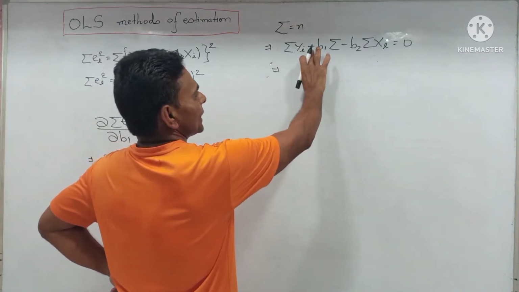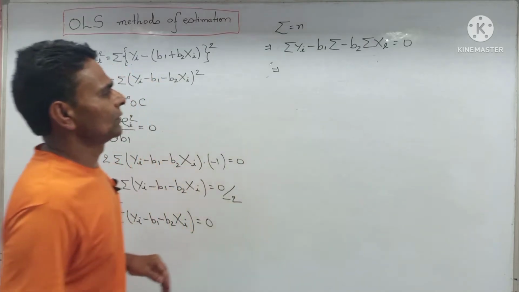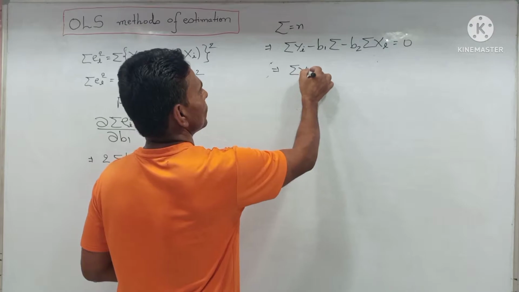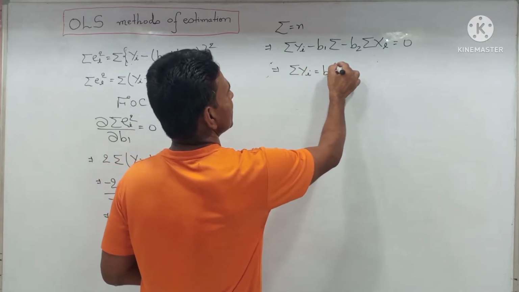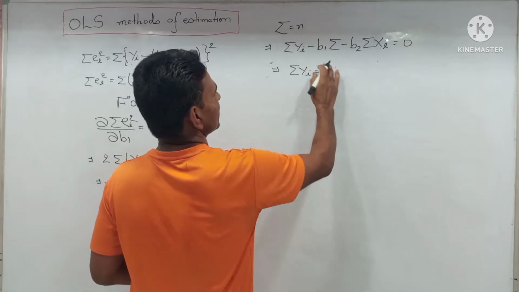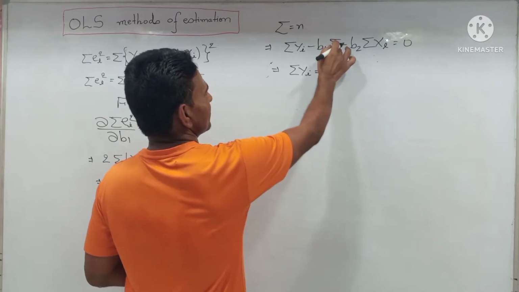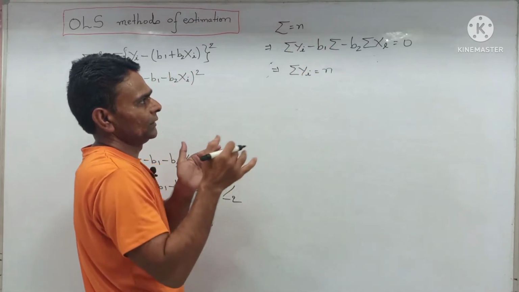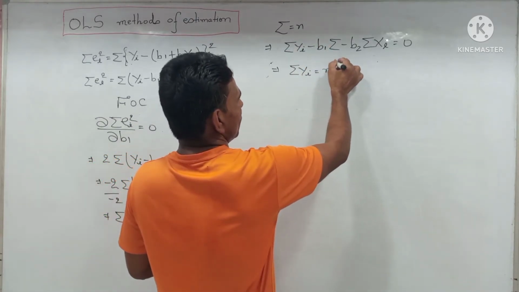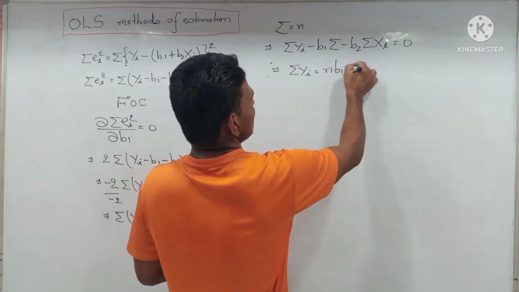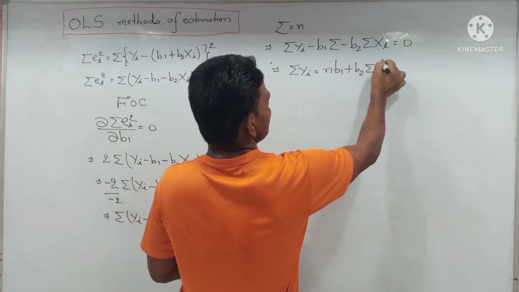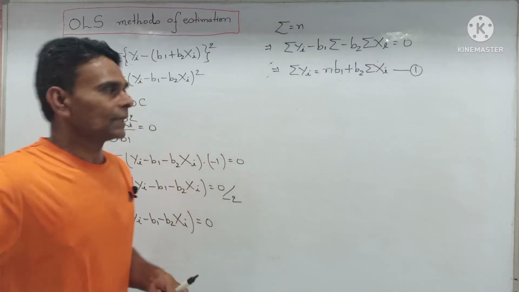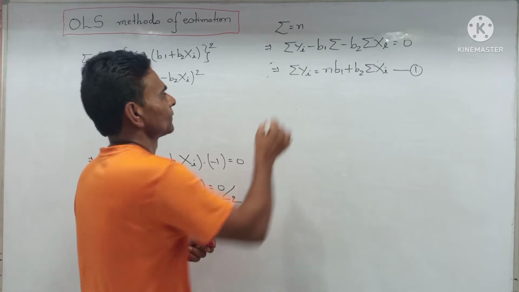Now shifting all minus terms to the RHS, summation of yi equals n b1 plus b2 summation of xi. This becomes equation number 1.